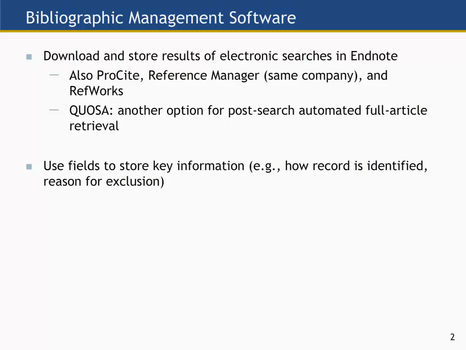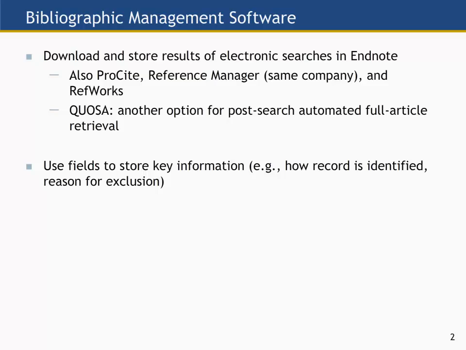The first is you have been asked to purchase and use EndNote. This becomes your database of record of all the citations that you collect from the various sources. EndNote is one of the various pieces of bibliographic management software that's available to you.